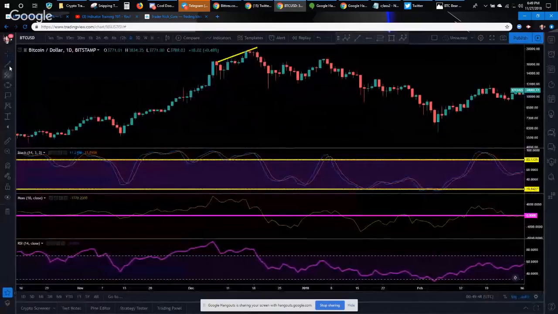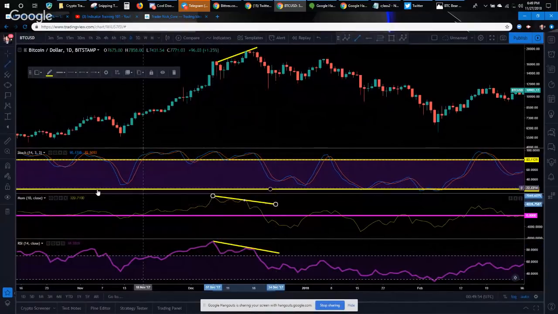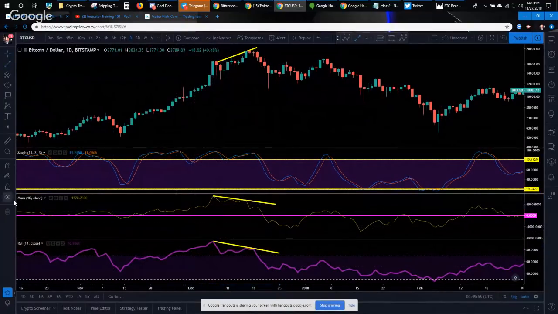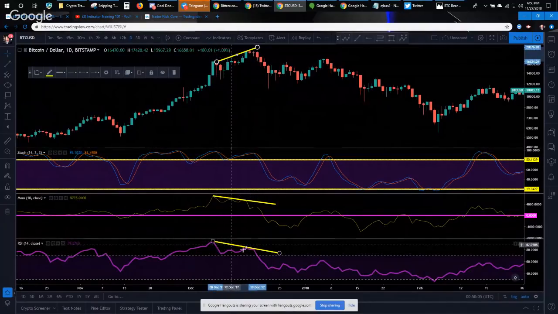First thing I spot is, again, we were divergent there. So just off of these two indicators alone, you would have been able to spot the top on crypto, not to mention volume analysis, which I've done. We had very clear bearish divergences. Price action was getting higher, but the RSI momentum indicators were trending downwards.